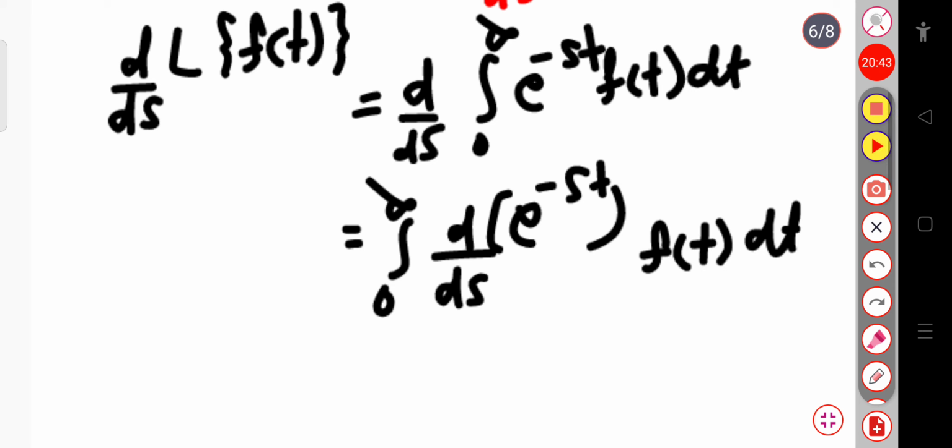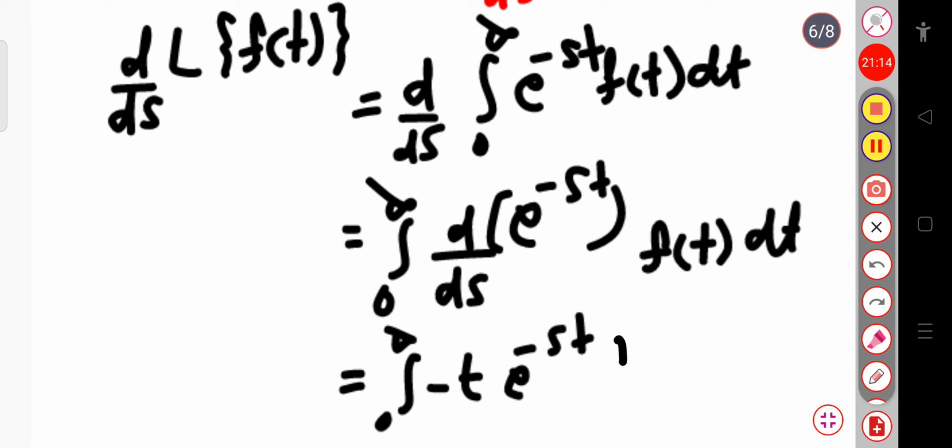Here I am taking the derivative d by ds for only the exponential minus st, because f of t is a function of t only. So we don't want to calculate the derivative with respect to s. We only have to calculate for the exponential minus st. So this will be equal to integration from 0 to infinity of minus t, because the coefficient of s is minus t, then exponential minus st, f of t dt. Okay.